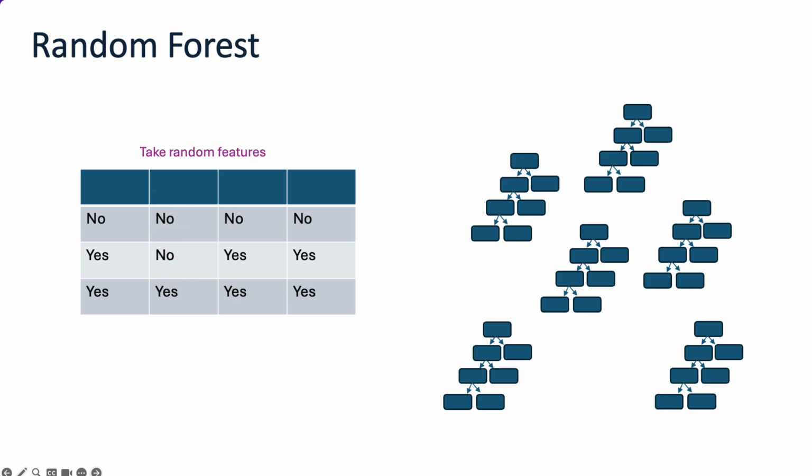So we take random features from our data set to make our decision trees. So we are following the same decision trees from the last lesson, but we limited the data that is available to this process. So we take out the data and put that data back in. And then we remove different features. And in the real world, this process could be repeated hundreds of times to create hundreds of trees.